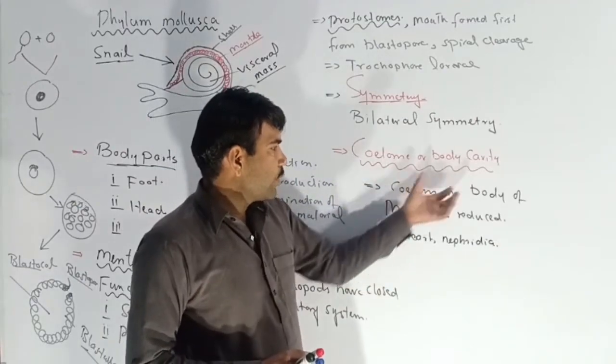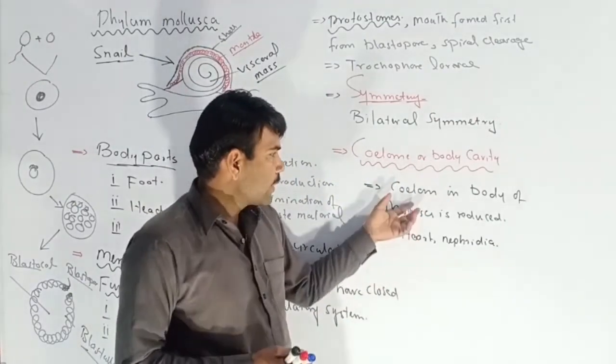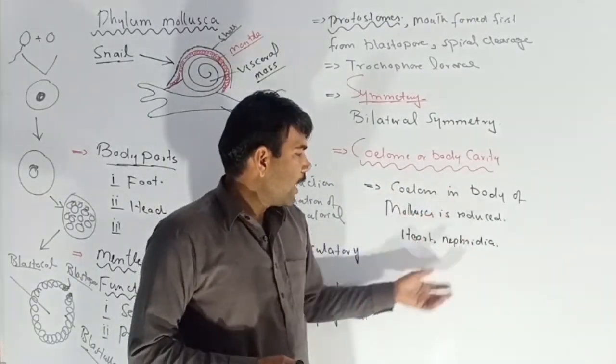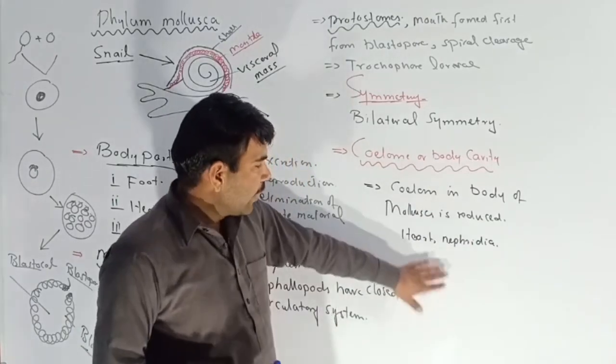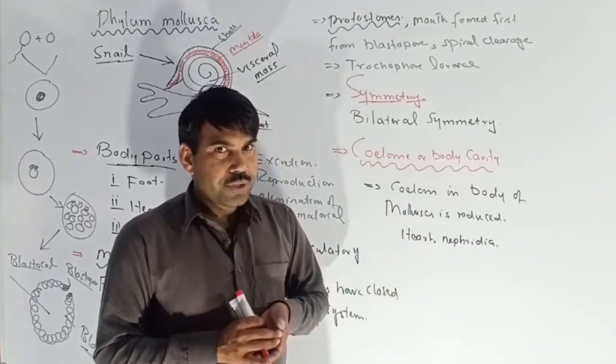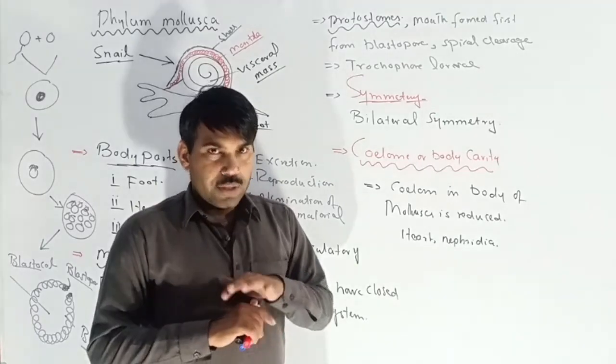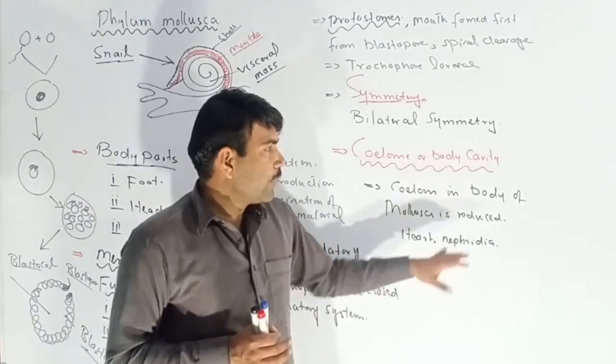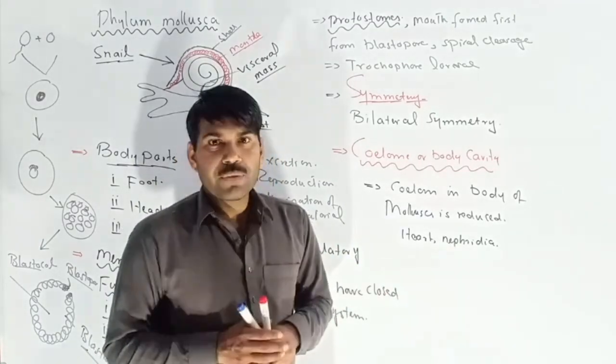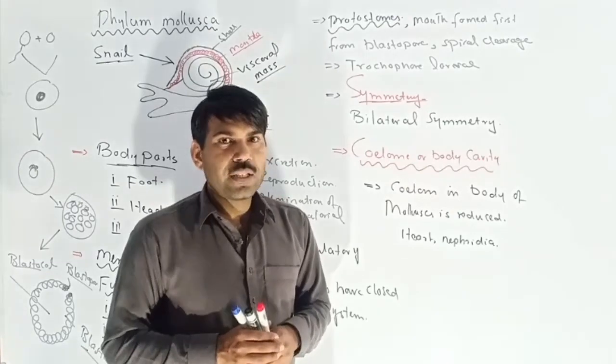The heart is involved in the circulation of blood or circulating fluid in the body, and the nephridia are involved in the excretion of waste material produced as a result of metabolism.